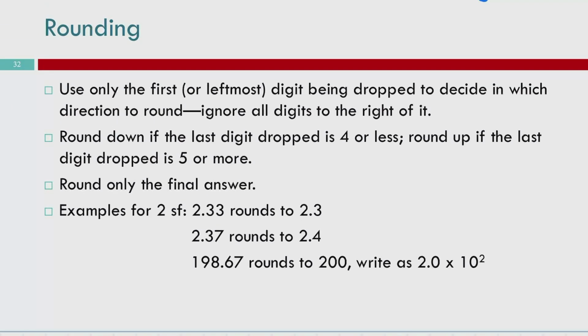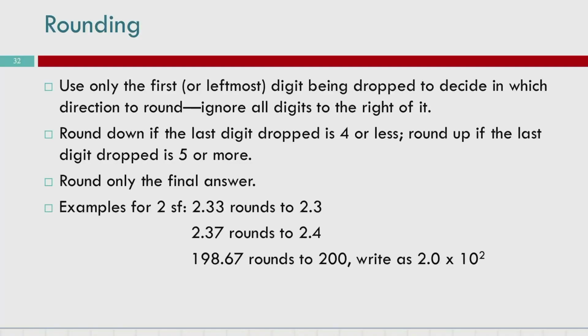Good, I do have a slide about rounding. Here it is again. So a couple of examples. We're rounding all of these for 2 significant figures. We start from the left, so 2.3, 2.37, 198.67. The underlined ones, that's our last significant figure. We look at the next thing to see how we round. 198.6.